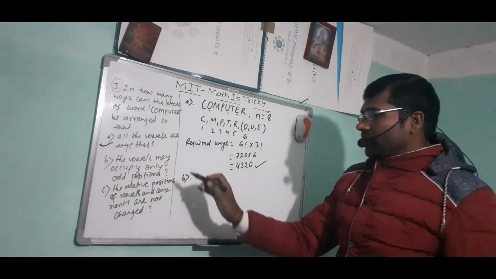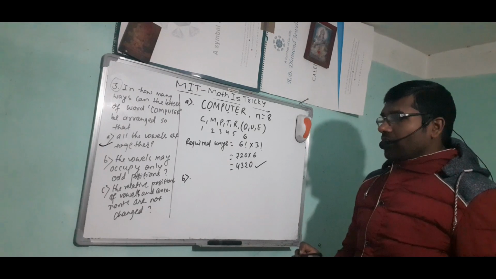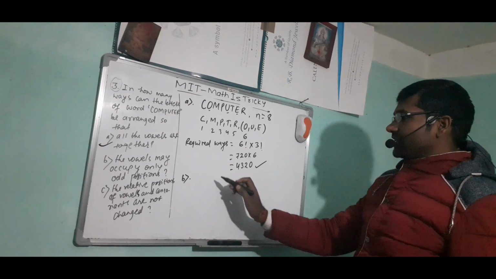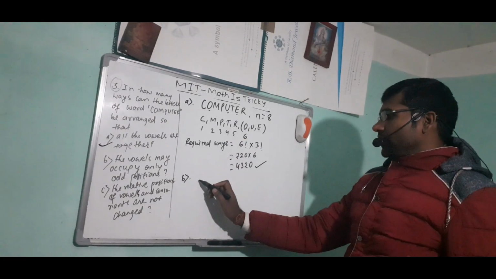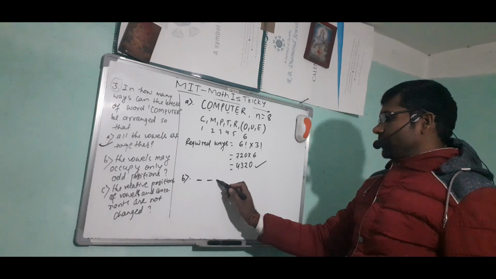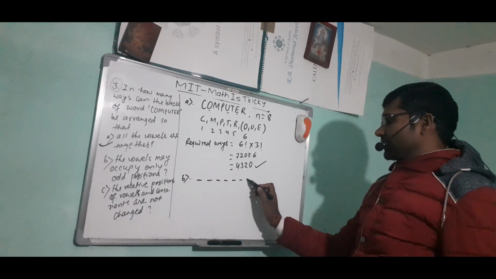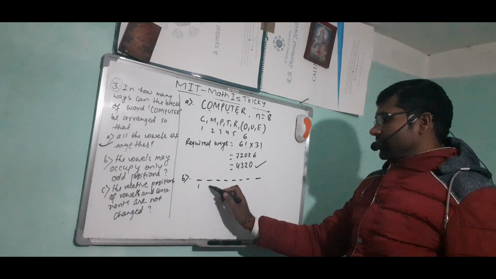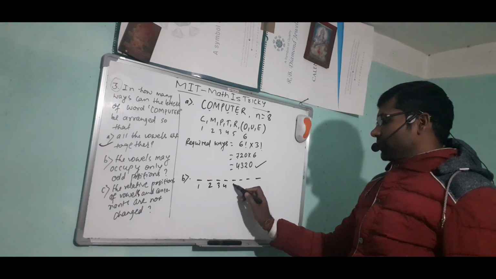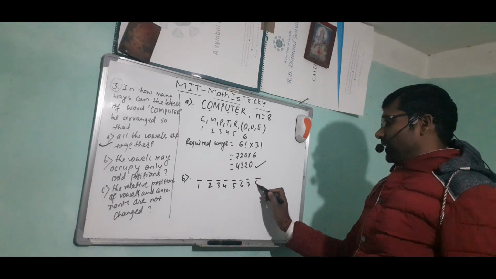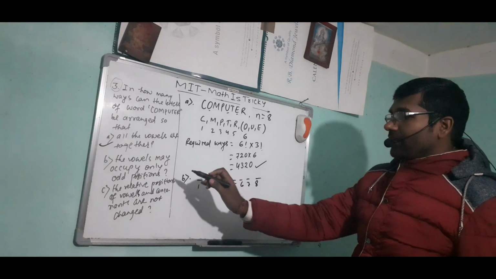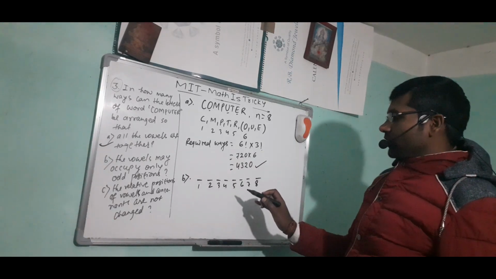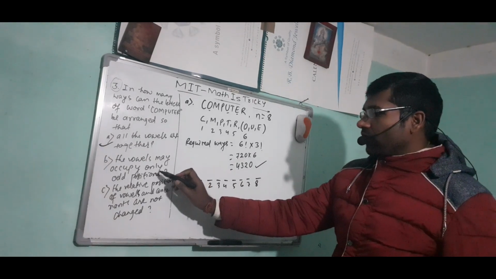Now move to B. The vowels may occupy only odd positions. It means here, see how many letters we have. 8 letters means 1, 2, 3, 4, 5, 6, 7, 8, first, second, third, fourth, fifth, sixth, seventh, eighth. So we have to put the vowels only at odd positions.